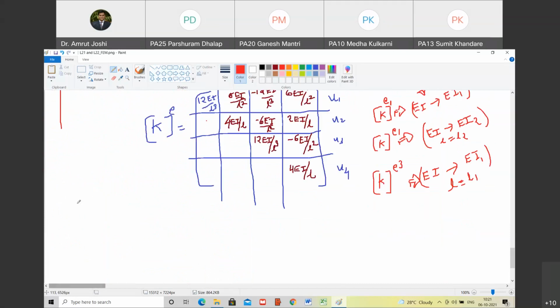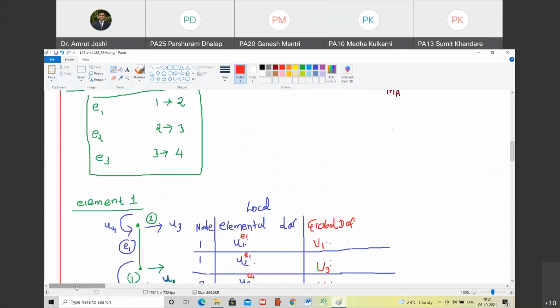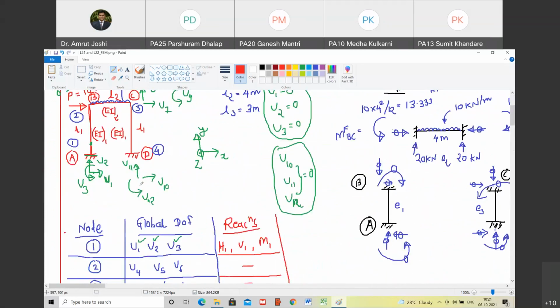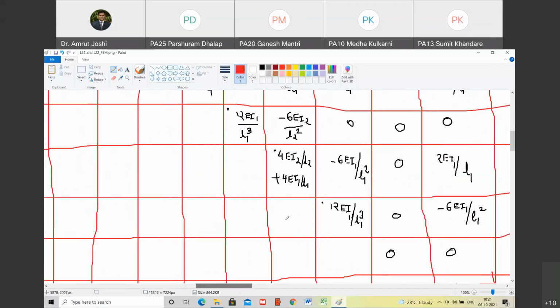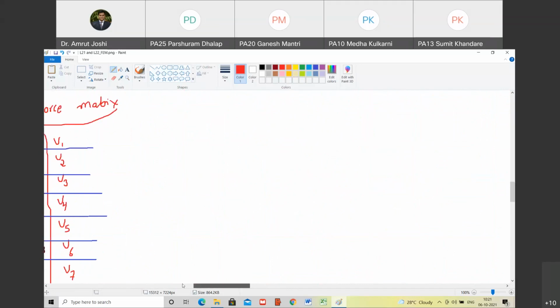U11 is vertical translation at D. Corresponding to vertical translation at D, you have VD here, but that will not come out because in the third element we have not considered that as a degree of freedom locally. Are you with me? Yes, sir. So that is left out. That doesn't come into the picture. So therefore, it is 0.